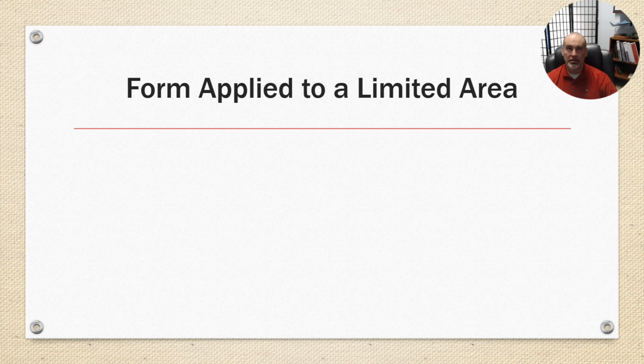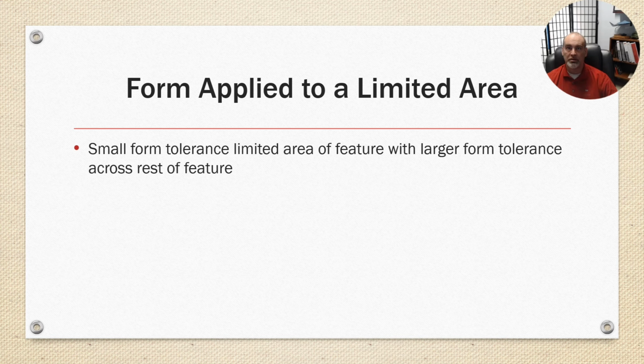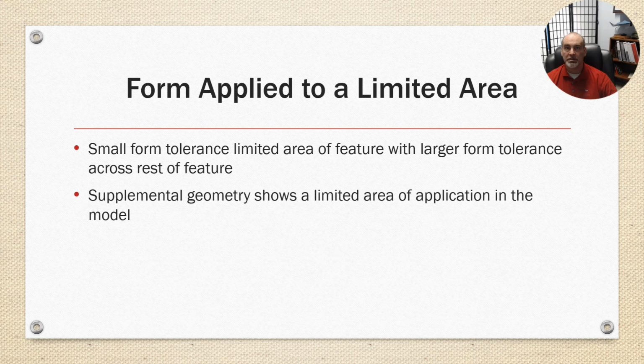Form applied to a limited area. A small form tolerance is limited to an area of the feature, with a larger form tolerance across the rest of the feature. Supplemental geometry shows a limited area of application on the model, so sometimes you can specify from point A to point B, or you have a hatch zone with a note that denotes the area the tolerance applies to.